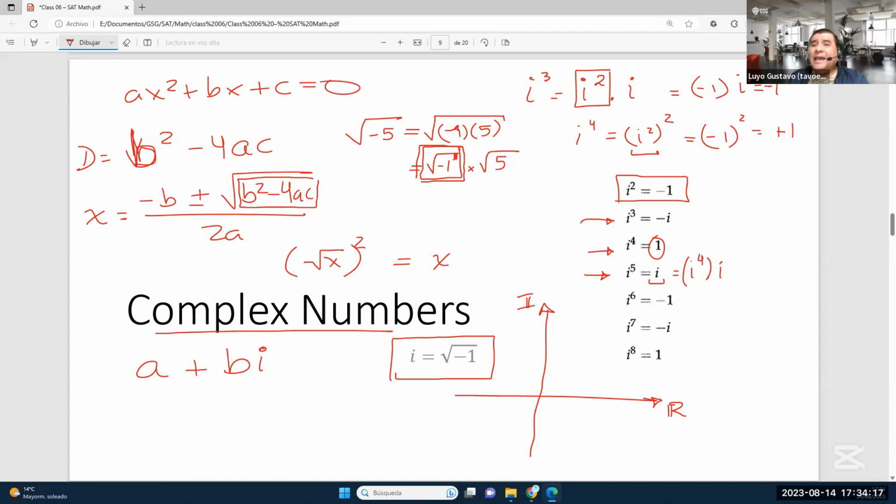So by saying A plus B times I, we mean some horizontal position over the real number line, A, and a vertical position over the imaginary number line.